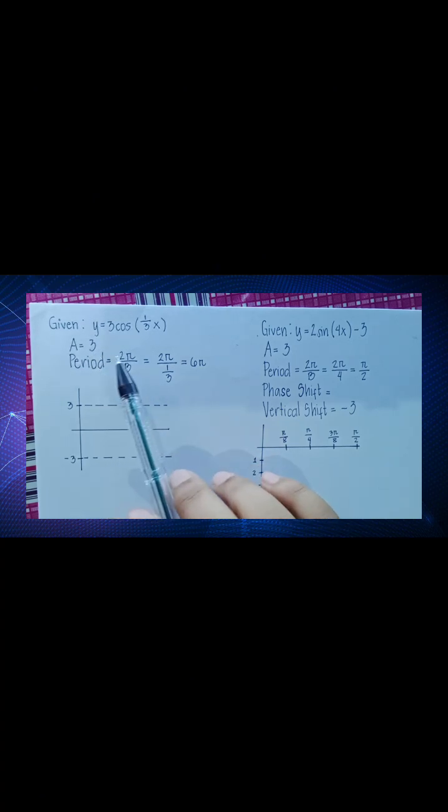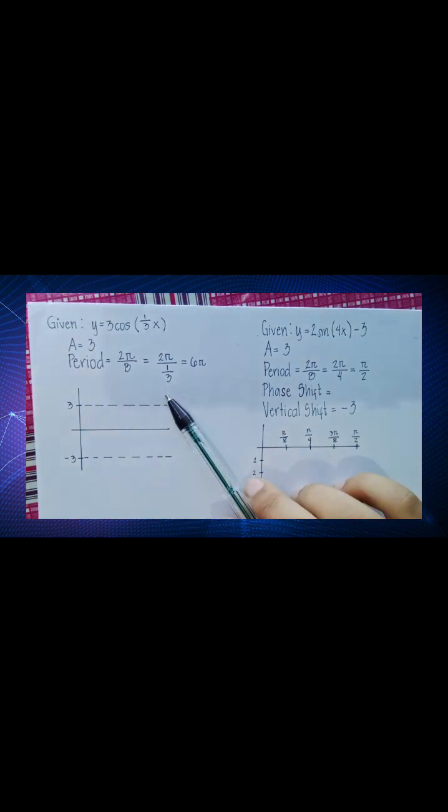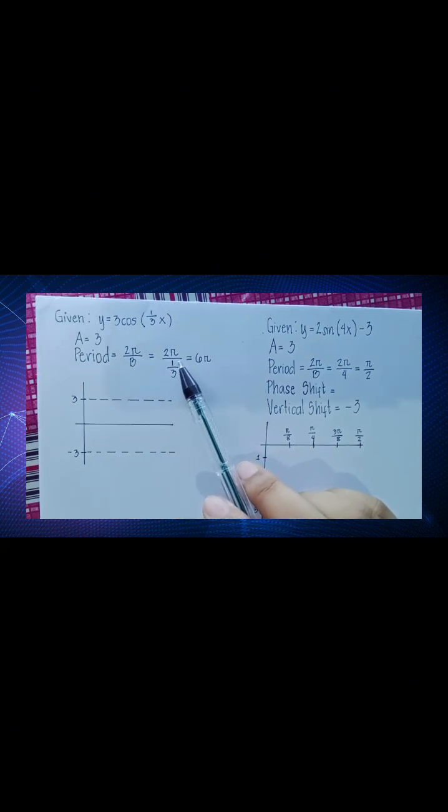So the period is equal to 2 pi over b, which is the formula here. So 2 pi over 1/3 because our b is 1/3, so equals 6 pi. For that we need to use the calculator to show if our answer is correct.